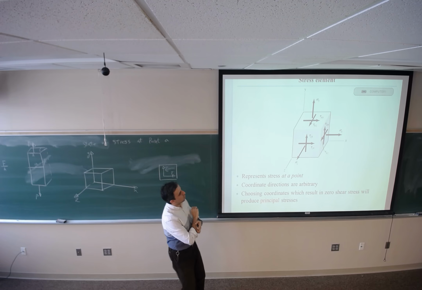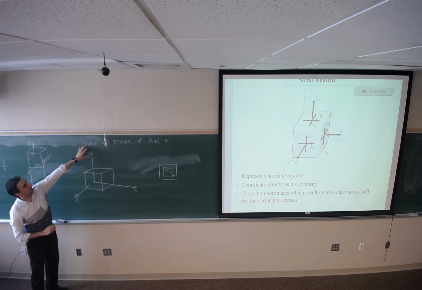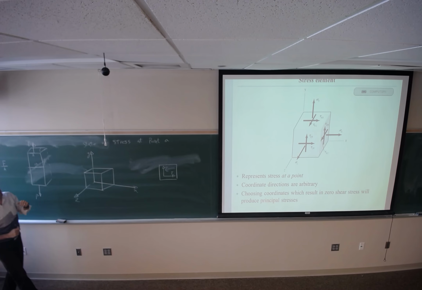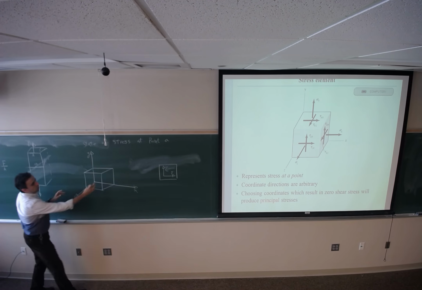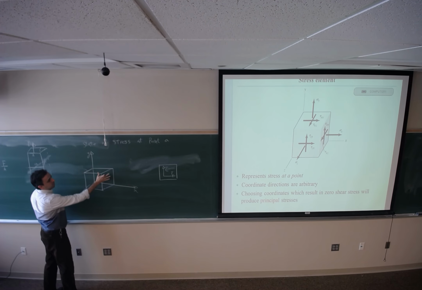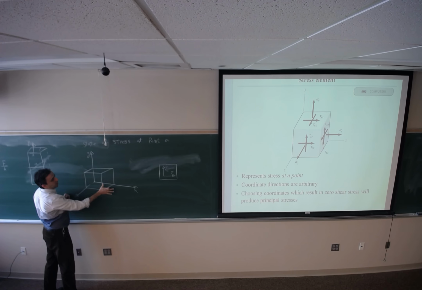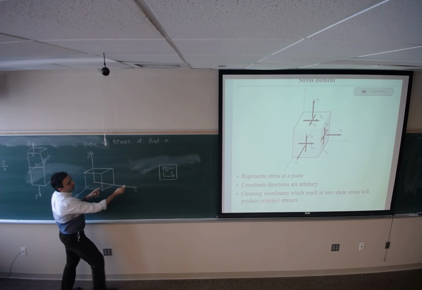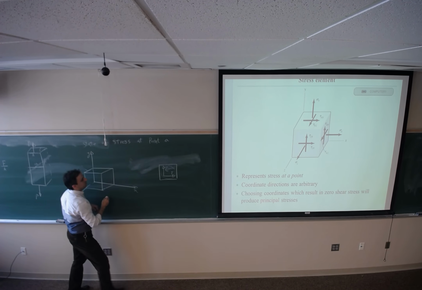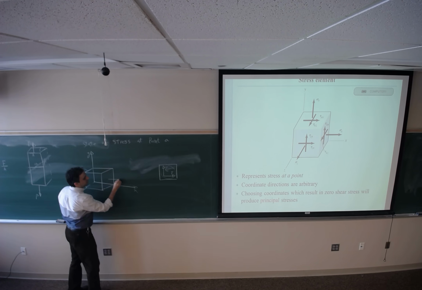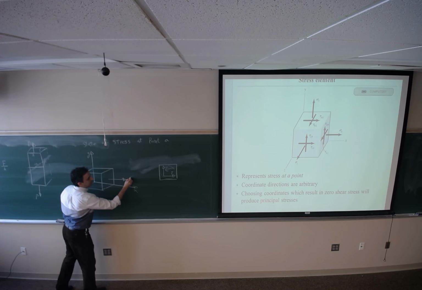So then we back to the state of stress or stress element for point A. For this plane, which is one of the face of this cube, I can define three terms of the stress, two tangential and one normal. The normal term is going to be this. I label it with sigma.